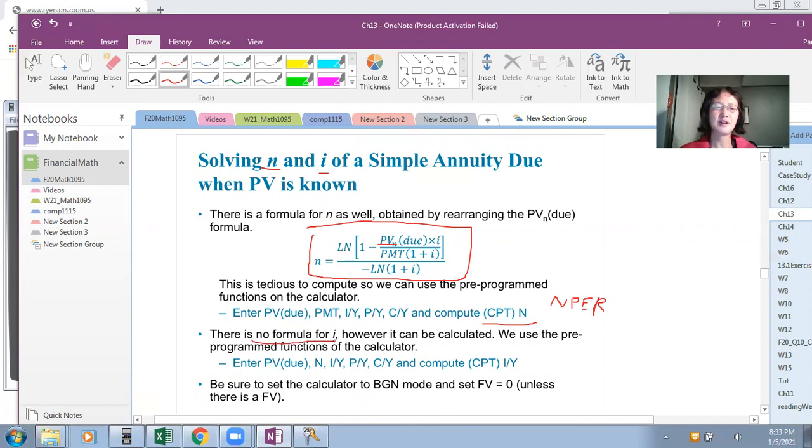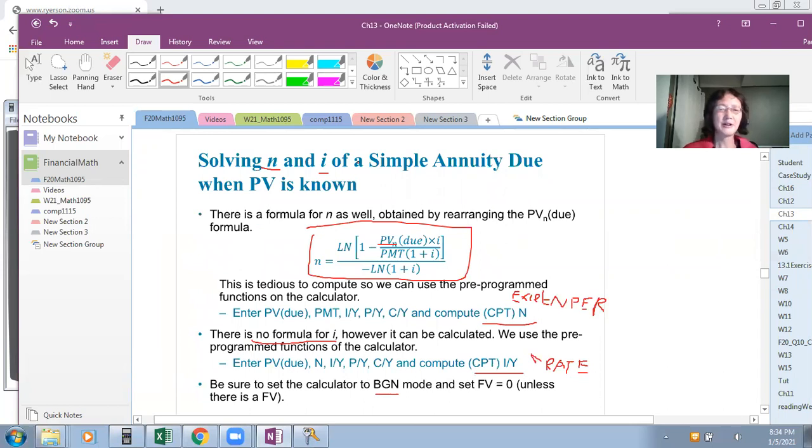There is no formula for interest I. However, you can use the calculator to compute interest. And also you can use the Excel RATE function. Also make sure your calculator is set to begin mode when you calculate N and I.